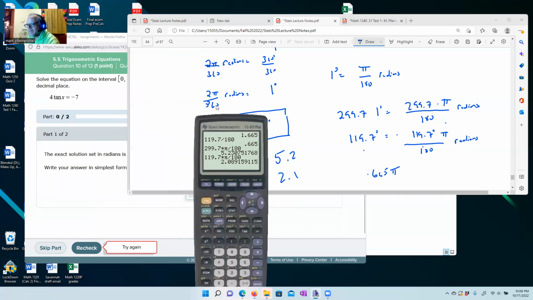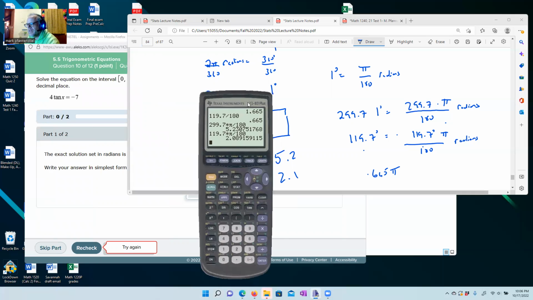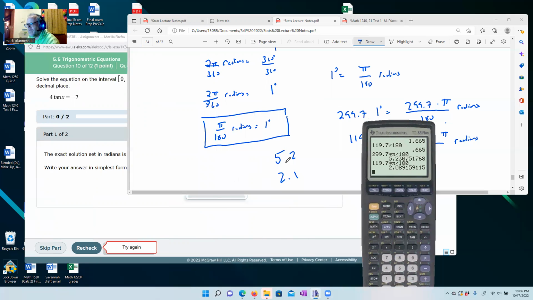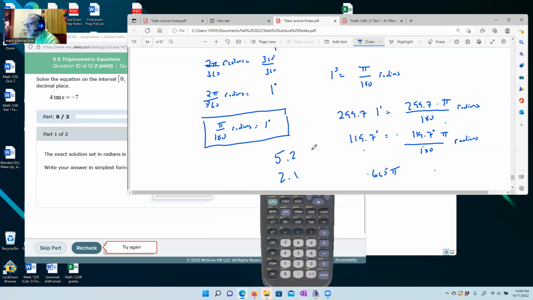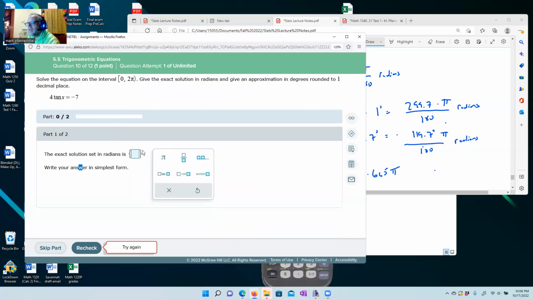So we'll double check and we'll see. 5.2 and 2.1. Okay, so we will start over. 5.2, comma, 2.1.